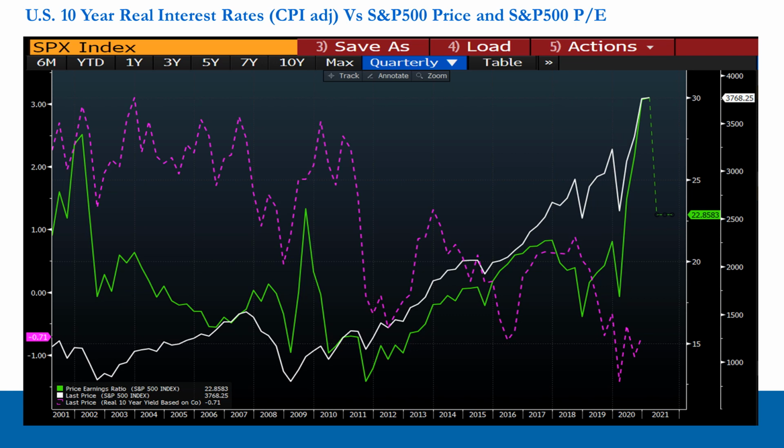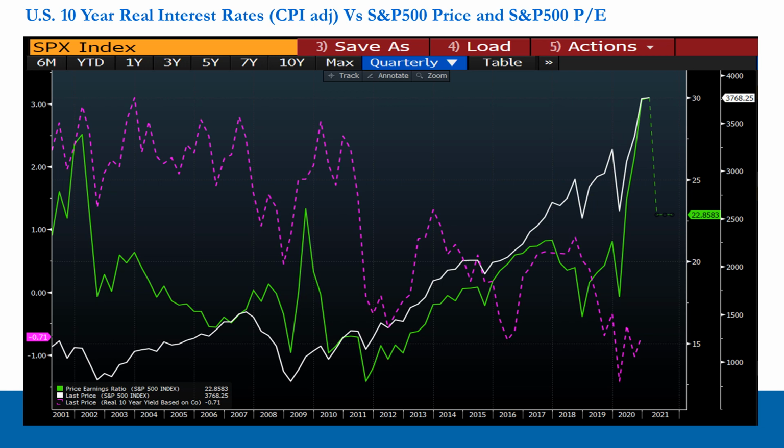And you can see the green line, where the green line and the white line kind of come together on the chart. You'll see that that level for the PE ratio for the S&P 500 is around 30, and then the dashed line is the forward PE estimate. So that's coming out in 2021 at 22.85.